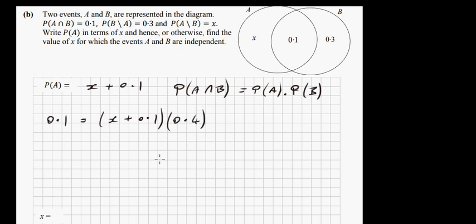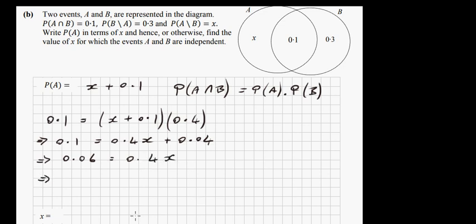So what we've got to do here is work out what X is. So we have an equation here with X in it, no other variables, so we can just isolate X. So let's just work down through this. We have 0.1, we have 0.4X, and then we have 0.4 times 0.1 is just 0.04. Let's just bring the 0.04 over, so we get 0.06 on this side, and we get 0.4X on this side.